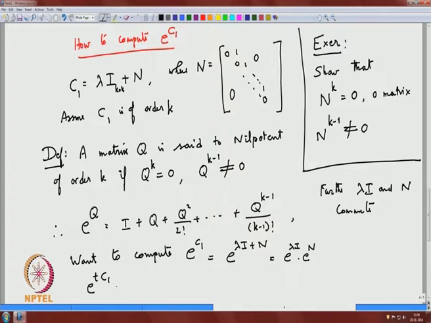So e power t C1 will be e power lambda t into e power tN.